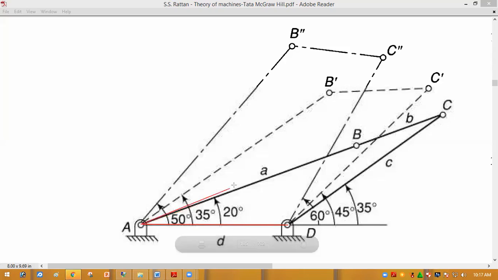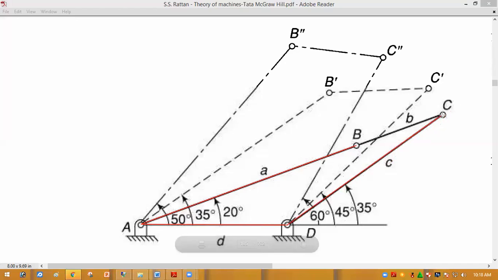So we are drawing the line A at an angle of 20 degree with length 1.56 unit. Then the output link angle is phi 1 equal to 35 degree. So from D draw a line of length equivalent to 1.33 unit, at an angle of 35 degree.